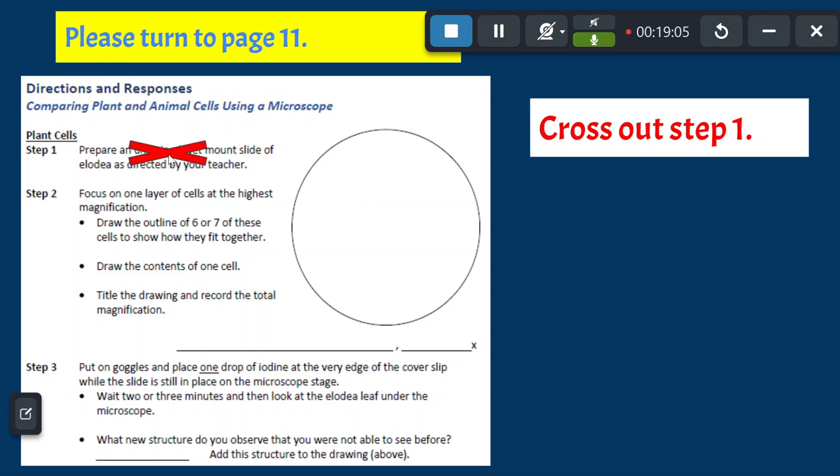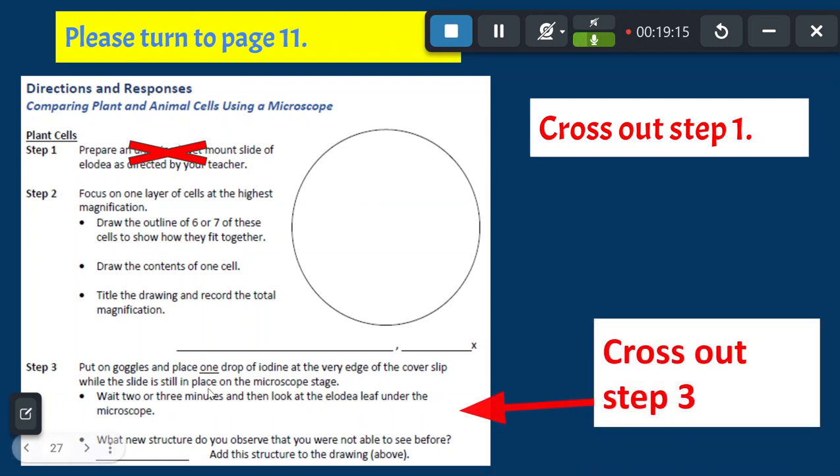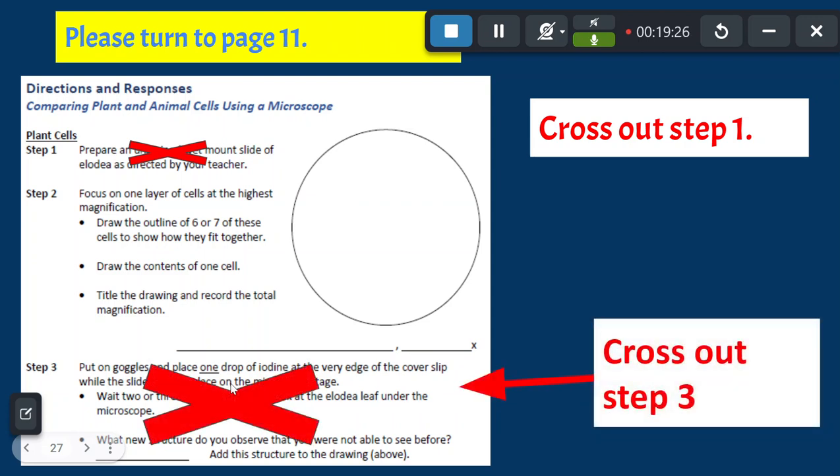I actually have prepared slides that we have purchased for the Elodea. So you can put a little X over there. Don't wreck up your book, but just a simple little X because you don't do step 1. Also, you're not going to do step 3. So on placing iodine, I actually placed iodine on the onion cells for you. And again, we have prepared and purchased Elodea cells. So the only thing you're going to do is step 2 for the Elodea.